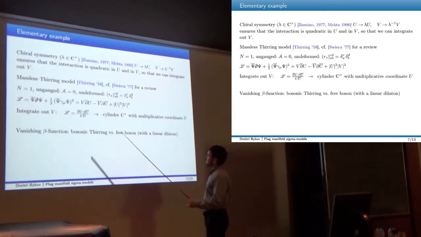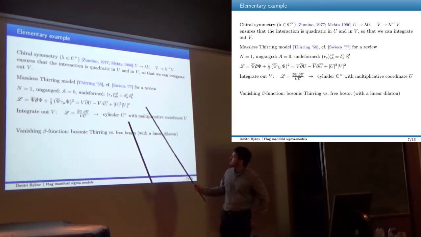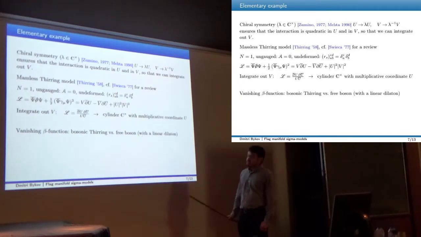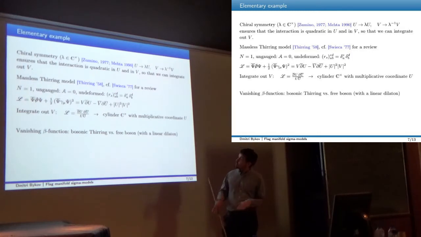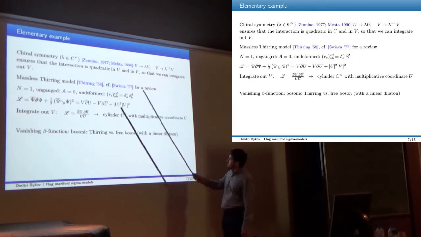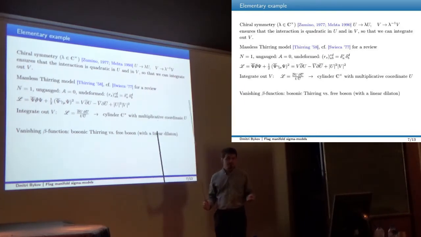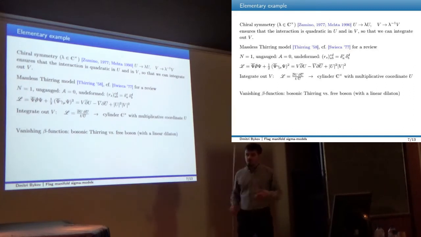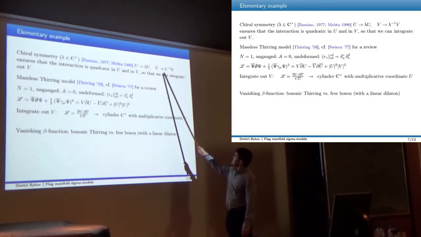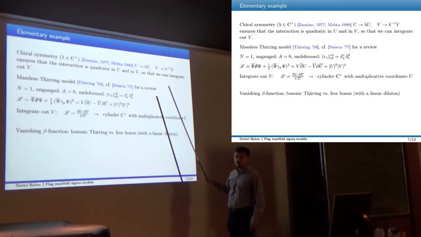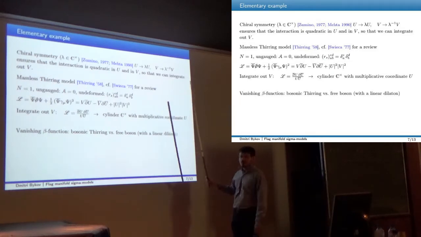This can be seen in the simplest example, which is the Thirring model. The first observation is that I work in Euclidean worldsheet signature. In Euclidean worldsheet signature, chiral symmetry, as was observed long ago, is actually a complexification of the original symmetry. So if you have U1 symmetry, chiral symmetry will be C star, acting on these U and V variables, the Weyl components of that Dirac boson.